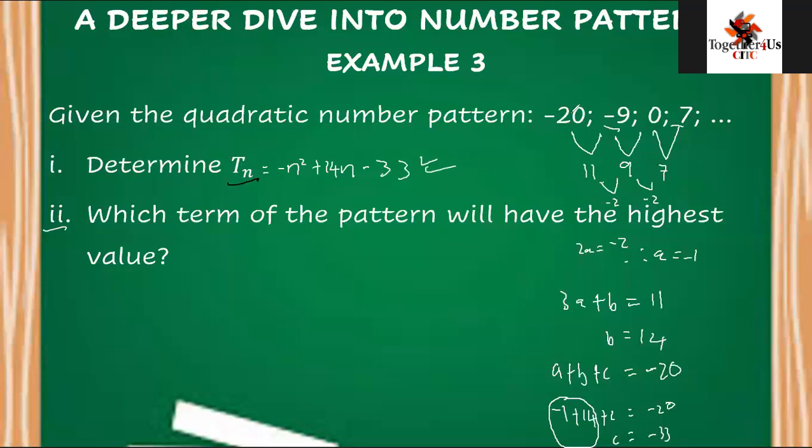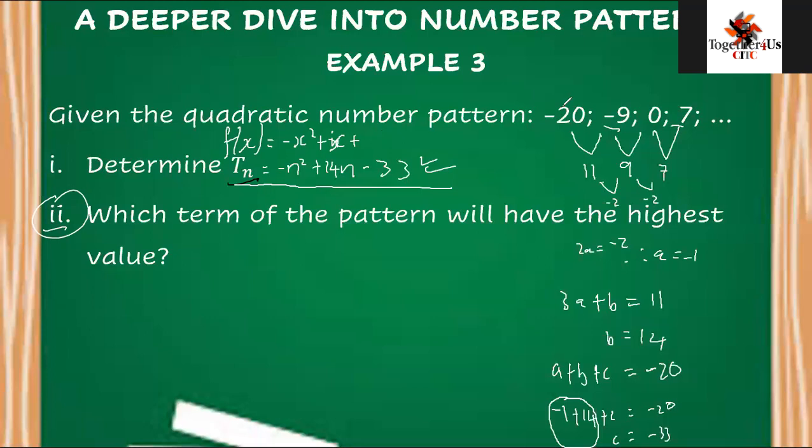Okay. Now, the interesting part is this one here: which term of the pattern will have the highest value? Now, guys, when I introduced this, I said to you, remember the linear function corresponds to the linear sequence. In the same way, the quadratic function corresponds to the quadratic number pattern. In essence, we must think of this as a parabola.